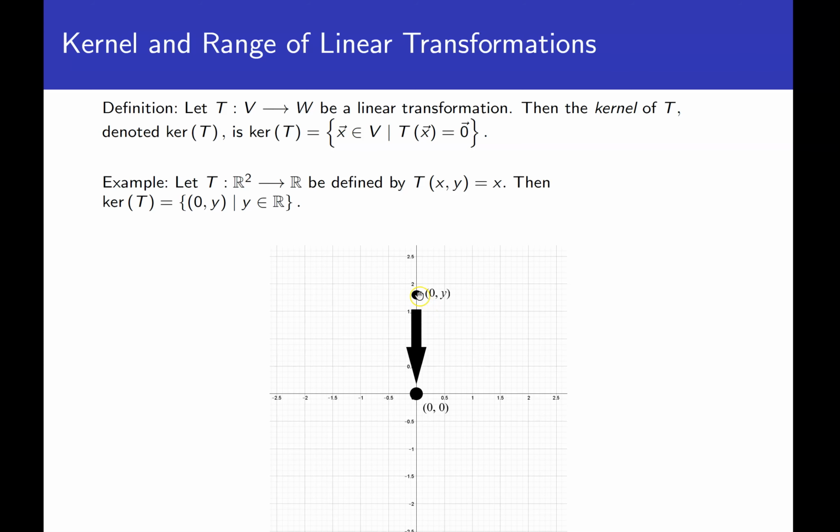We refer to this as projection onto the x-axis. You could define a similar one as a projection onto the y-axis. Just change your T of xy to equal y rather than x, and you would have projection going this way onto the y-axis. And then you could see pretty quickly that everything on the x-axis is in the kernel. Everything on the x-axis in that case would get mapped to 0.